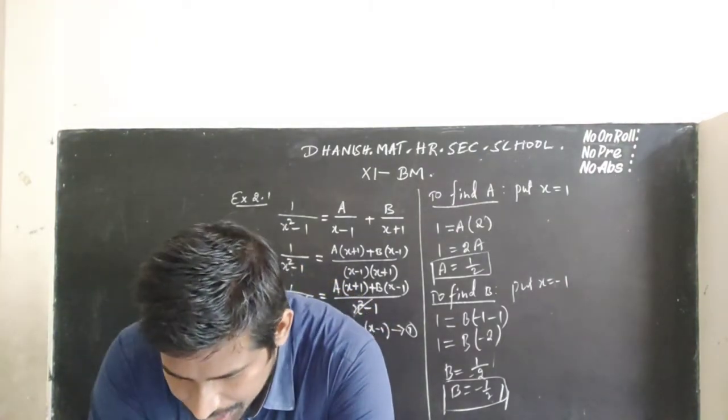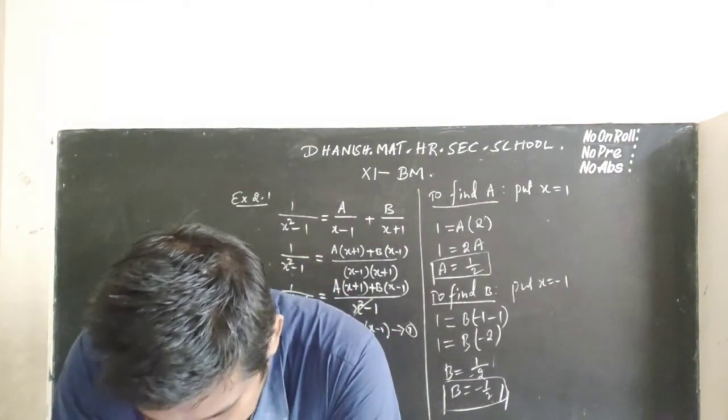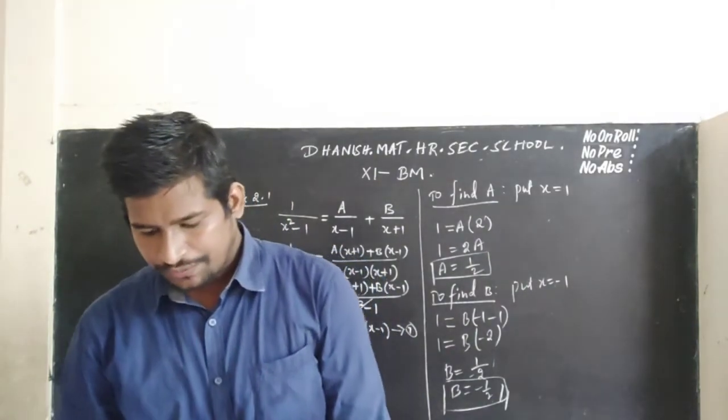Then look at example 2.2. Resolve into partial fractions 7x minus 1 divided by x square minus 5x plus 6.